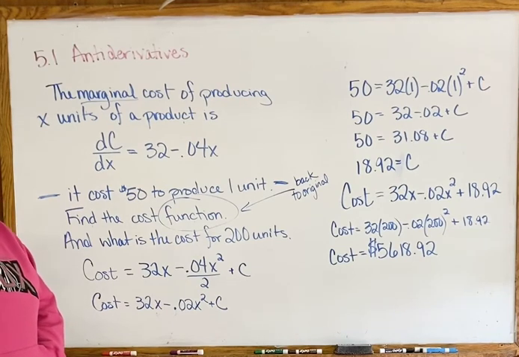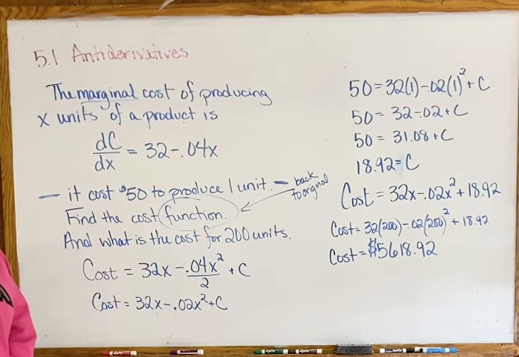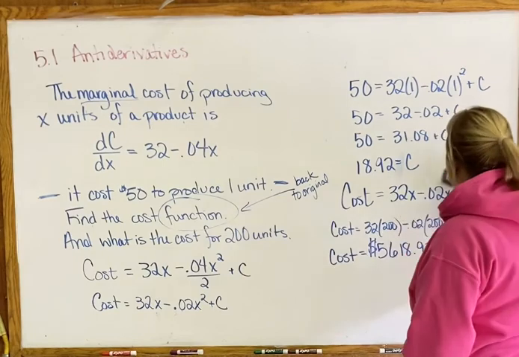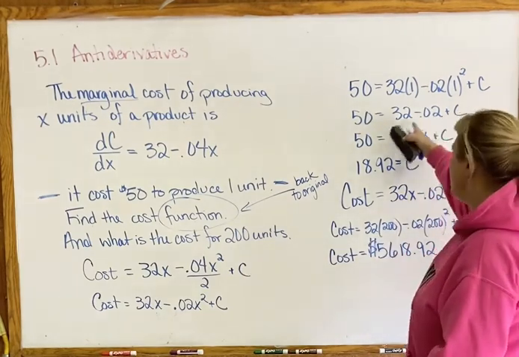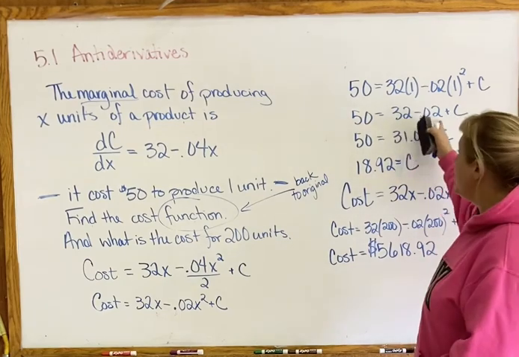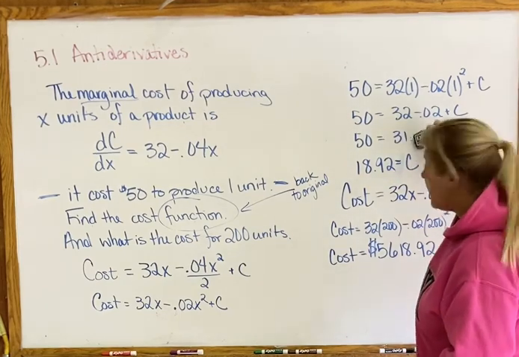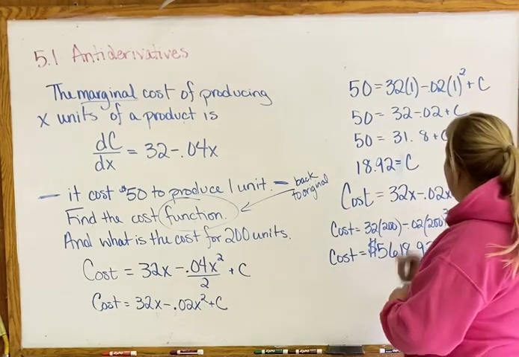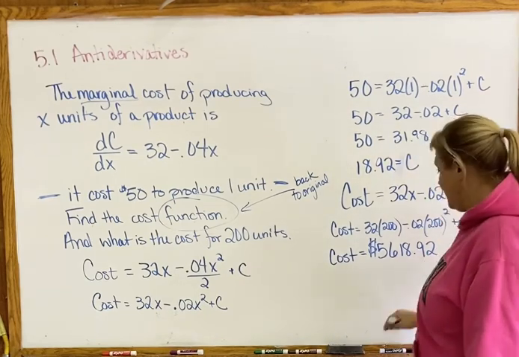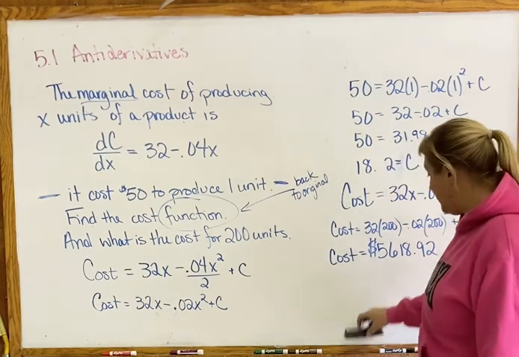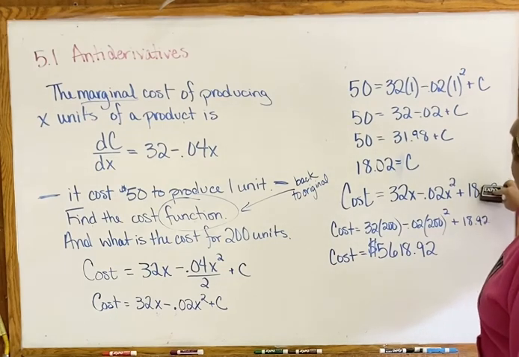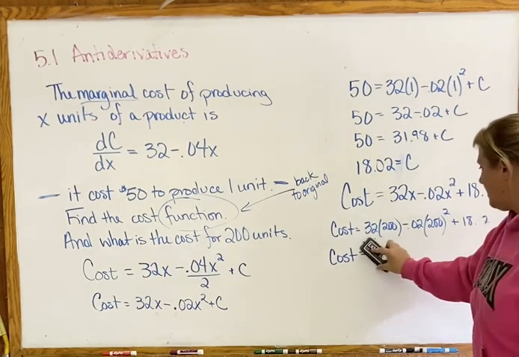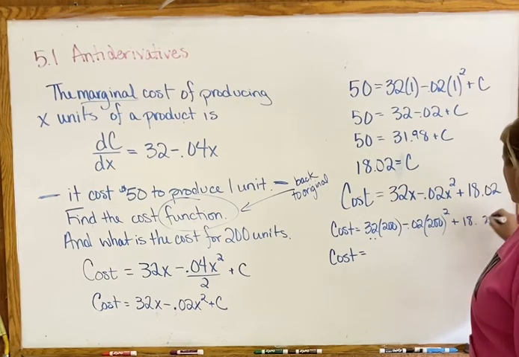Now, what was I going to say? Oh my God, I'm standing here looking at this and I can see a mistake. Sorry, everyone. 32 minus 0.02 should be 31.98, so the constant is 18.02. I'll put that in my calculator again.